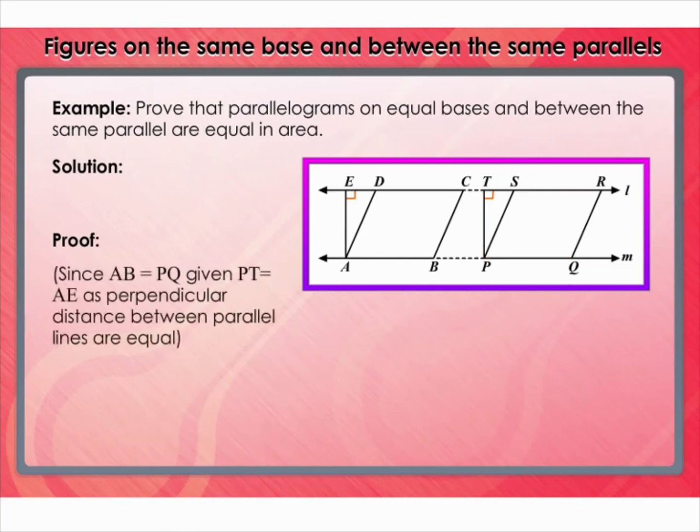Since AB is equal to PQ, given, and PT is equal to AE, as perpendicular distance between parallel lines are equal, the product of PQ and PT can also be written as product of AB and AE. Denote this as equation 2. From equations 1 and 2, we have area of parallelogram ABCD is equal to area of parallelogram PQRS.